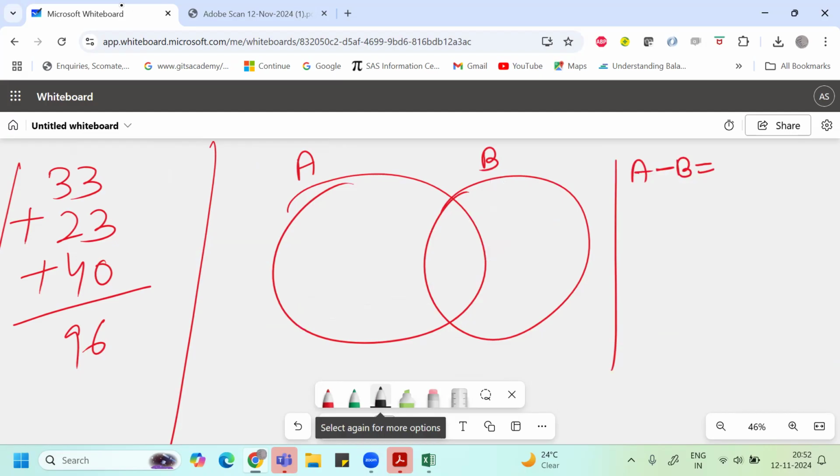You understood what A minus B is? Mathematically, what is the formula of A minus B?